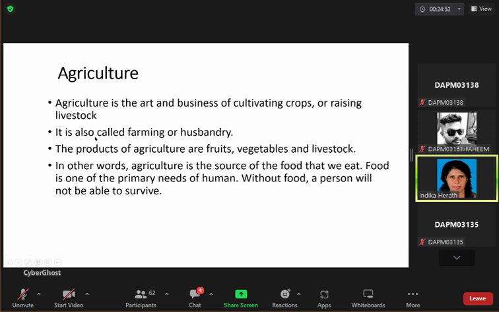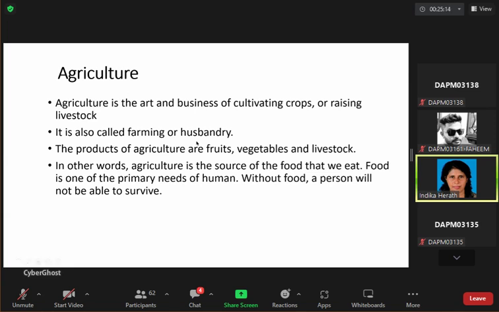I think you have a component on animal science, so you will learn more detail about the livestock aspect there in the course. For the time being, agriculture has two main parts: cultivating of crops and raising livestock.